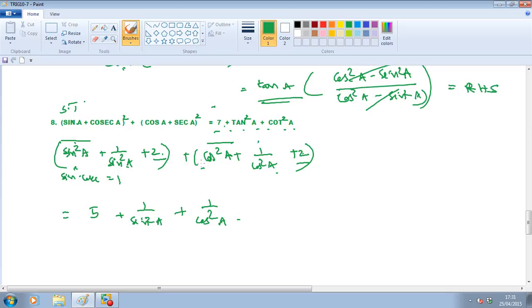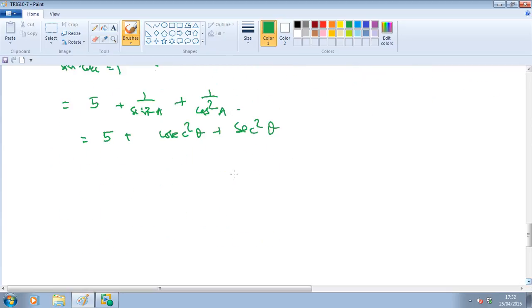Now what we'll do is, it is equal to 5 plus 1 by sin square A, instead of sin square A you take it as cosecant square theta, and instead of cos you say secant square theta. What is cosecant square theta?